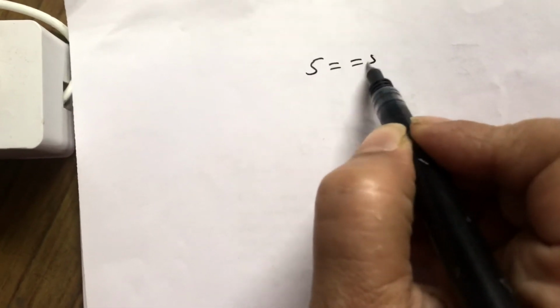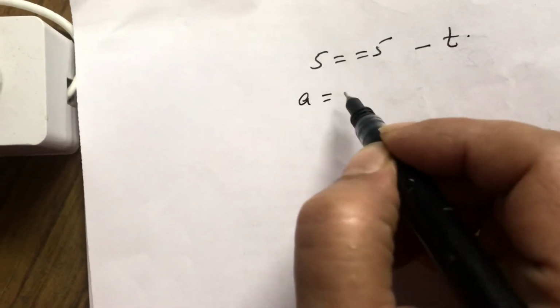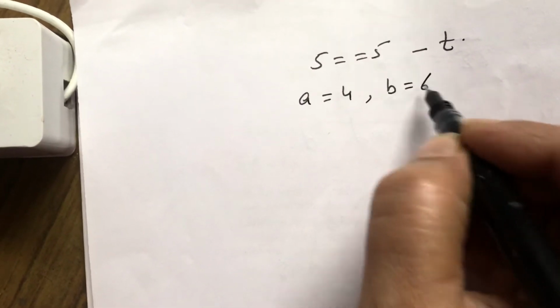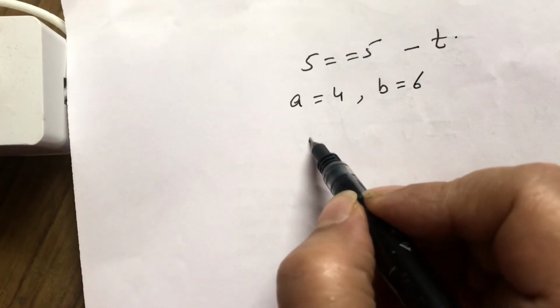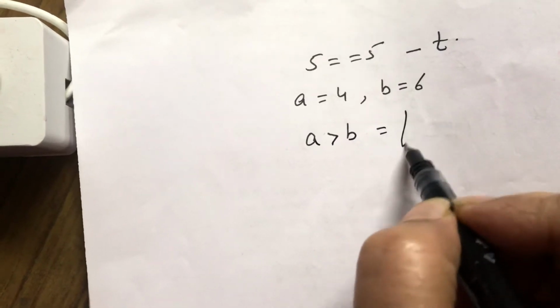See, I can write it like this: 5 double equal to 5. Answer is going to be true. Or I can write a is equal to 4 and I can write b is equal to 6. So if I write is a greater than b, the answer is going to be false.